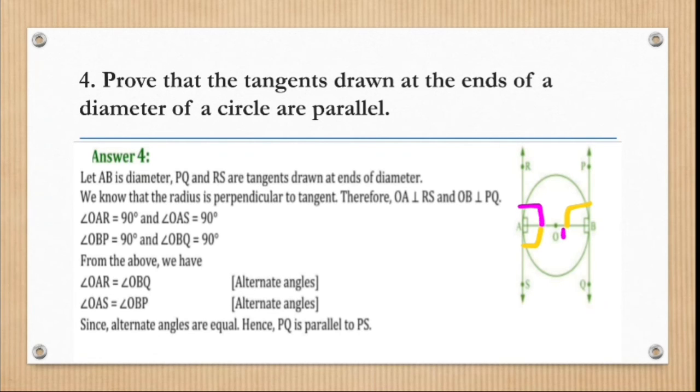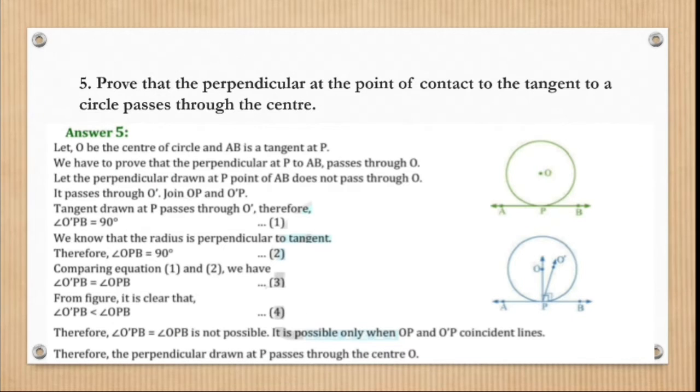These two are alternate angles, and this pink one is equal to each other and yellow one is also equal to each other. Since the alternate angles are equal, PQ will be parallel to RS. Okay, in this way you have to solve question number 4. This is very easy one.